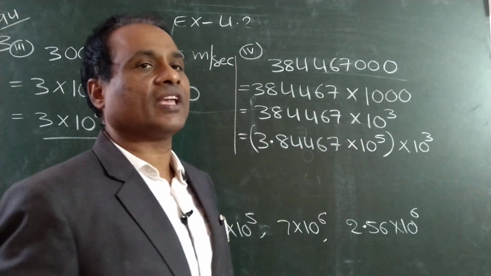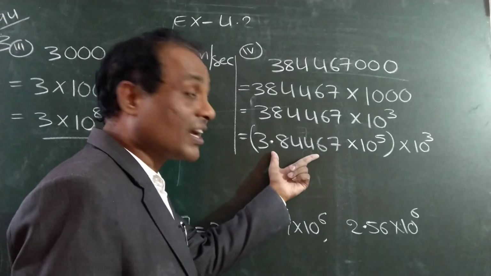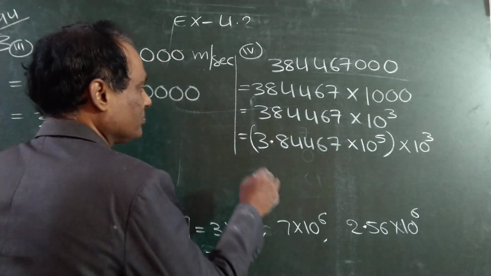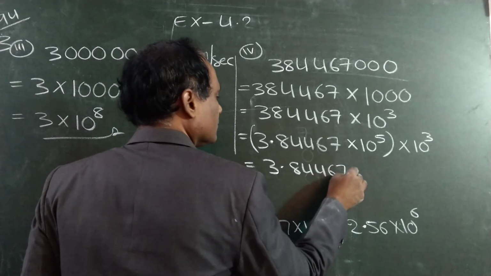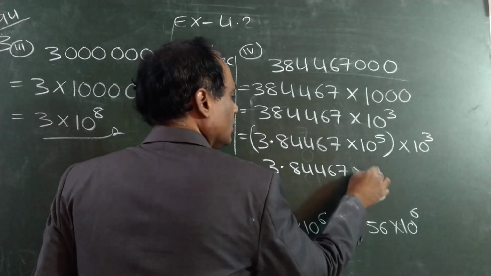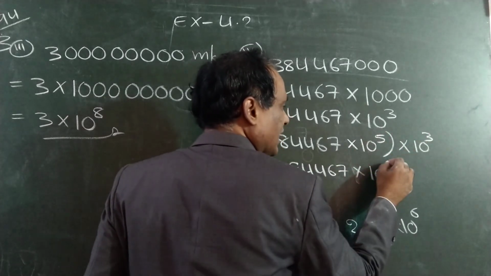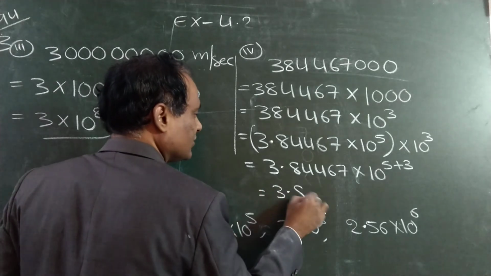So you write 10 power 5, so that it is the same number. Why am I writing this? Because if you write the decimal after one digit, only then it is called standard form. Bases are same, powers are added. 5 plus 3, 8. Write that down, that is the answer.